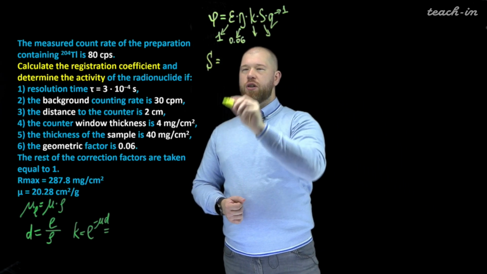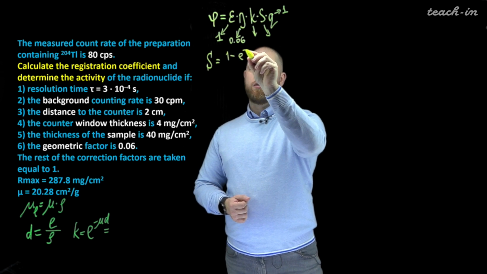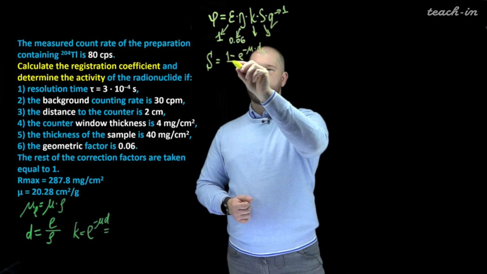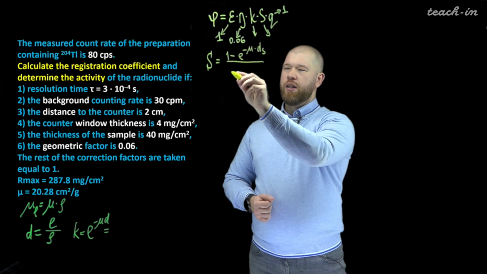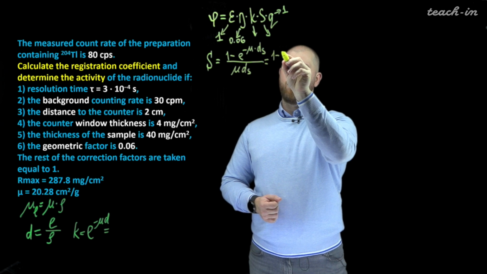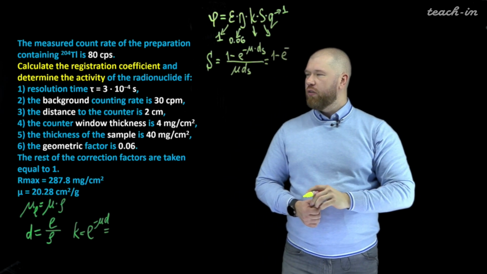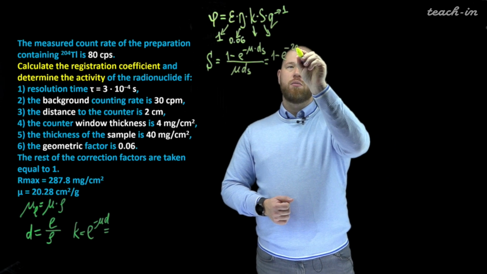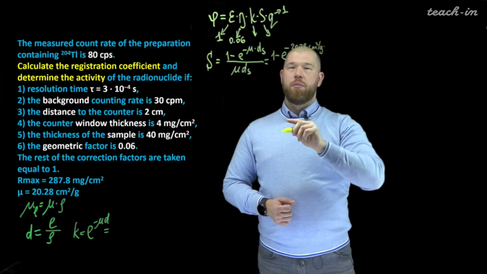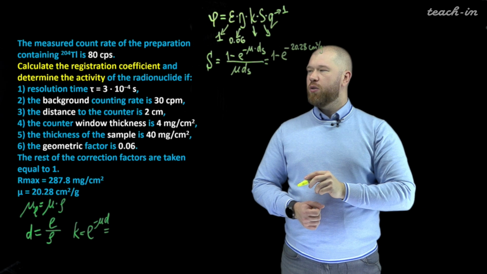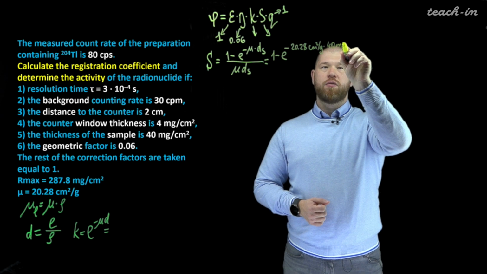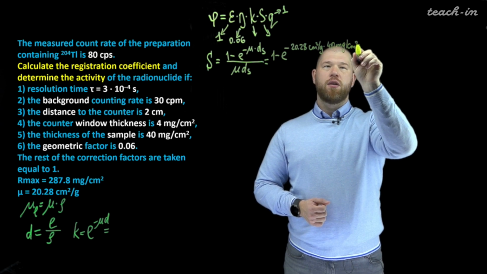So the self-attenuation coefficient is 1 minus exponent minus mu d of the sample, so it's the thickness of the sample, divided by mu d of the sample. Thus it will be 1 minus exponent in the degree of 28 centimeters squared per gram, multiplied by the thickness of the sample, and you can see that it is 40 milligram per squared centimeter.